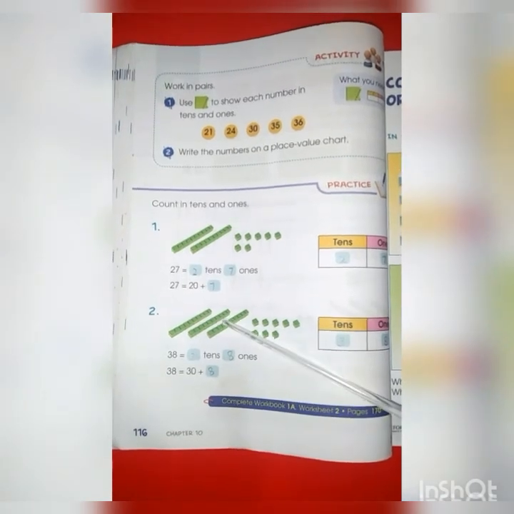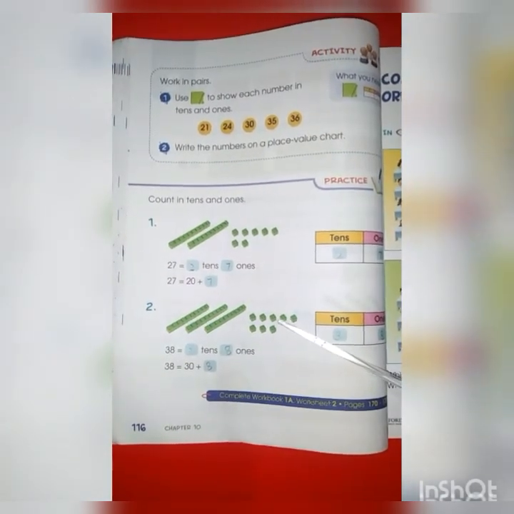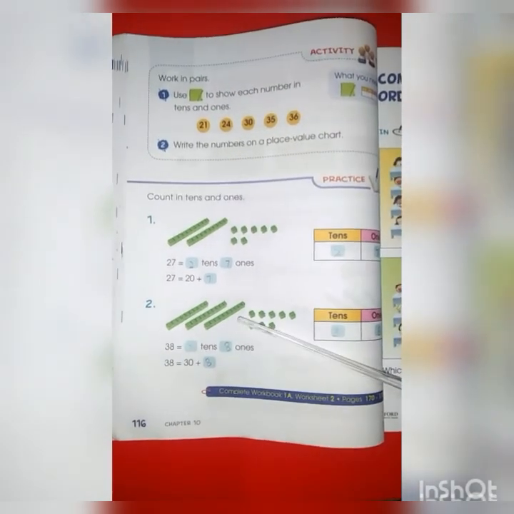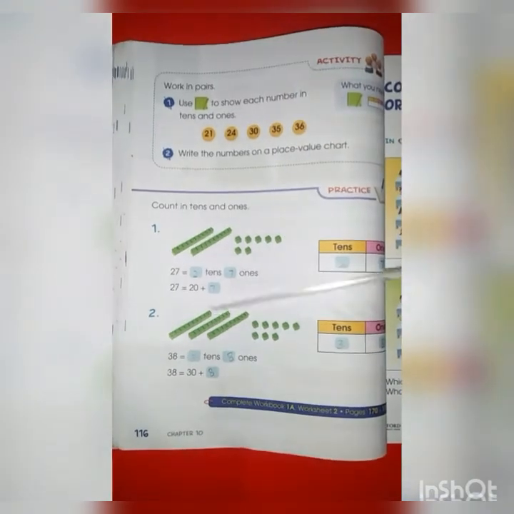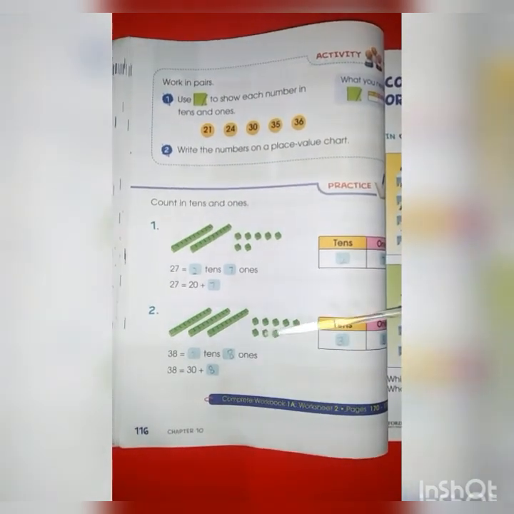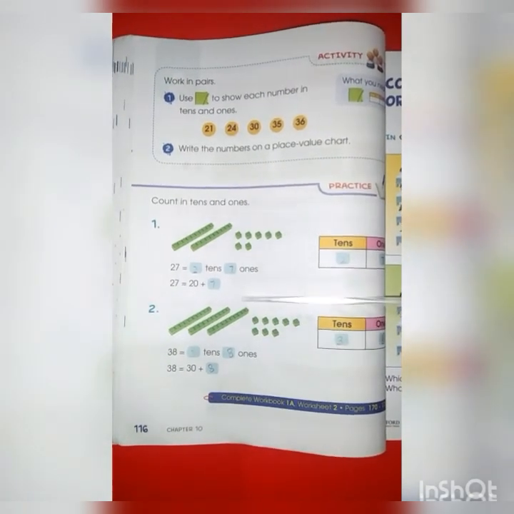Number 2. Here you can see that there are many blocks present here, and we have divided them into two groups, tens and ones. And when we count them, 10 plus 10 plus 10, 30, plus 1, 2, 3, 4, 5, 6, 7, 8, 30 plus 8, 38.